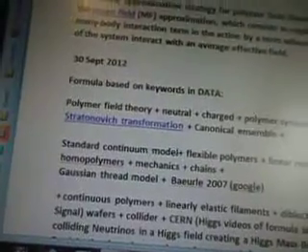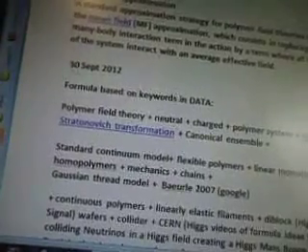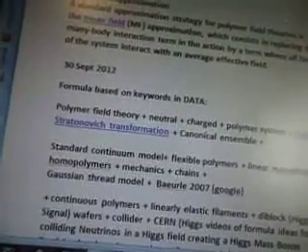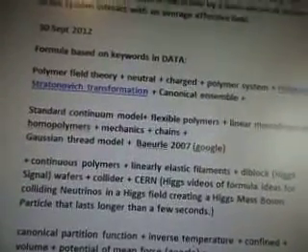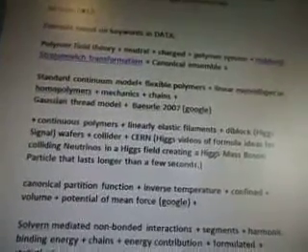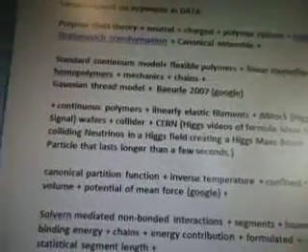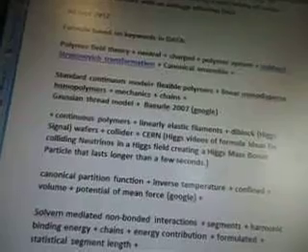Okay, so September 30th. So the formula based on the keywords in the data will be polymer field theory, neutral charged polymer system, Hubbard-Stratonovich transformation, canonical ensemble. Standard continuum model, flexible polymers, linear monodisperse, homopolymers, mechanics, chains, Gaussian thread model, Baeurle 2007.